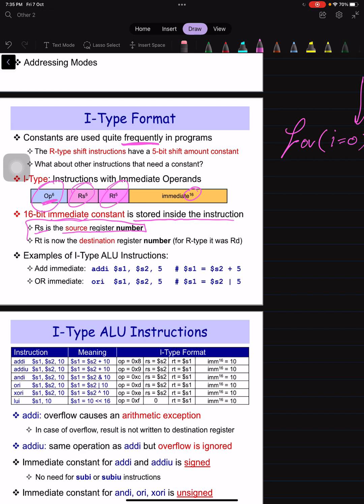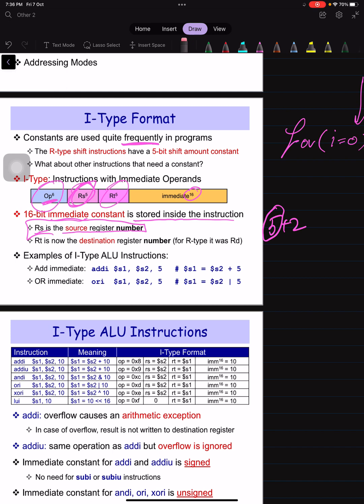Again, when we say rs we don't mean the number itself. For example, I want to add 5 plus 2. The rs is not the 5 actually. The rs is the source, the pointer to the 5, only the pointer.